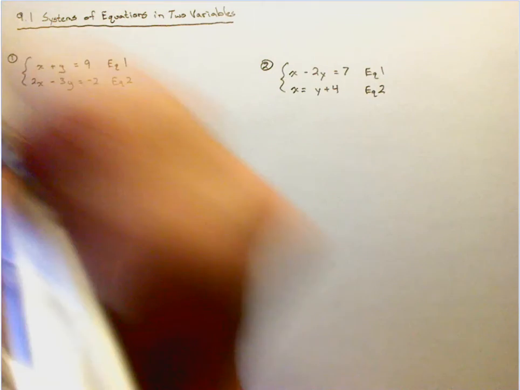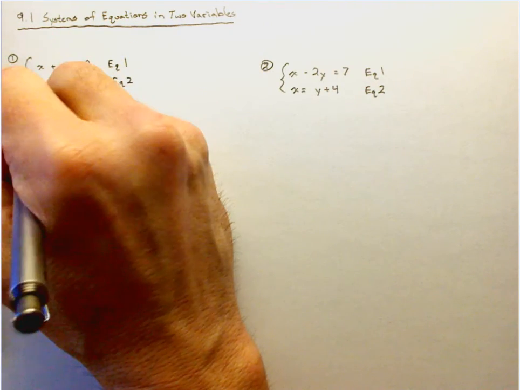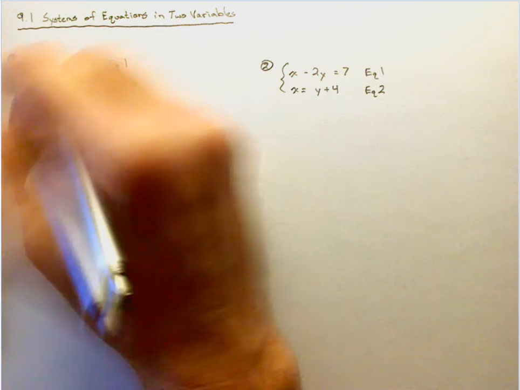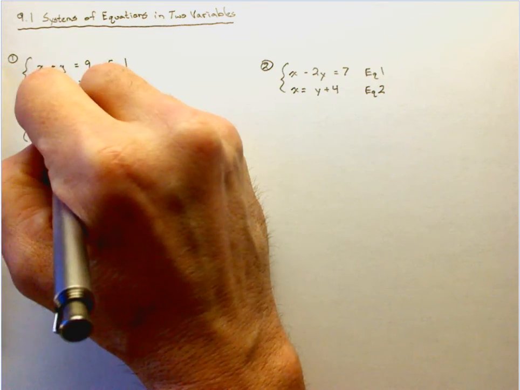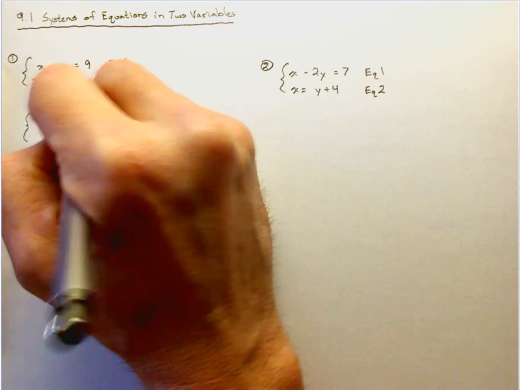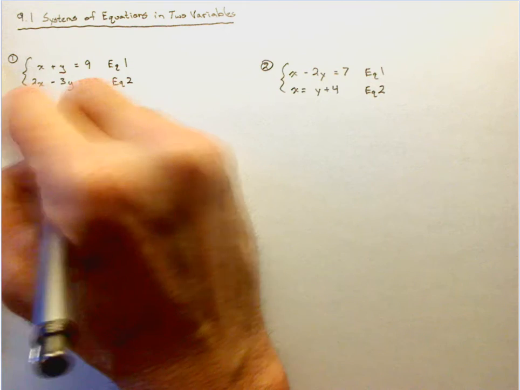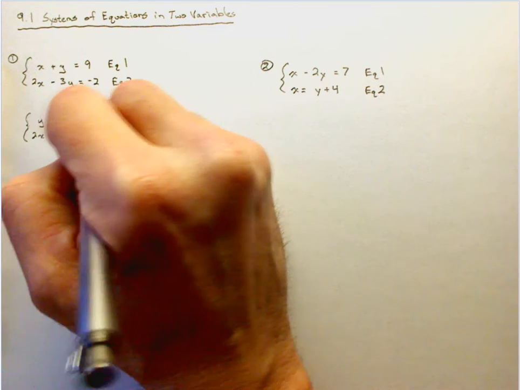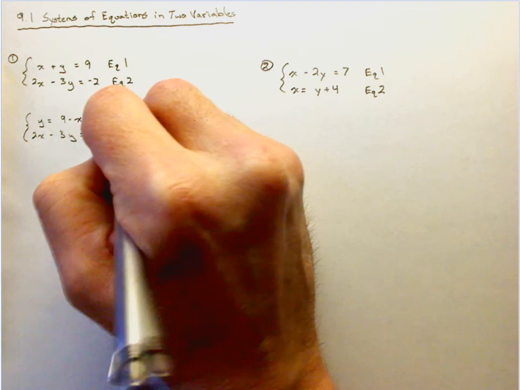So I will take equation 1, and I'm going to rewrite it and solve for, we'll say, y. Y equals 9 minus x. In equation 2, I can just leave it the same. Equation 1 is still the same equation.